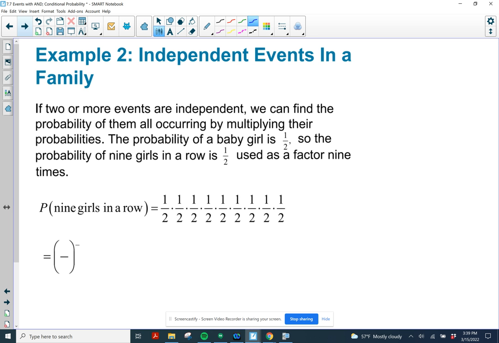Example 2. Not sure where example 1 went. Example 2, independent events in a family. If two or more events are independent, we can find the probability of them all occurring by multiplying their probabilities. That's what we just talked about in the last slide, right?